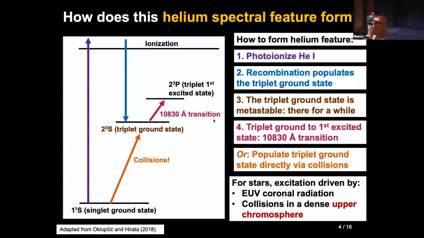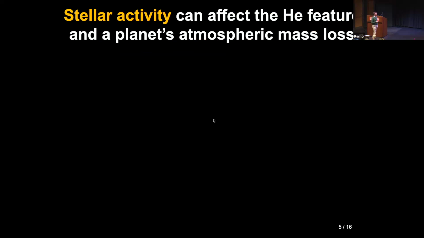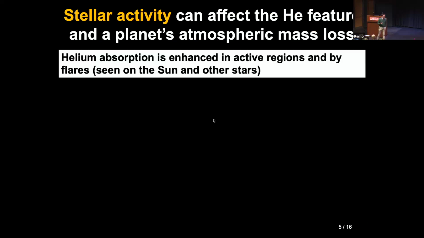But now, of course, I've mentioned corona and chromosphere. This brings us to the biggest difficulty with this line: it is highly sensitive to stellar activity. We see on the sun that this feature is enhanced in absorption in active regions and by flares, so it's clearly responding to stellar activity.